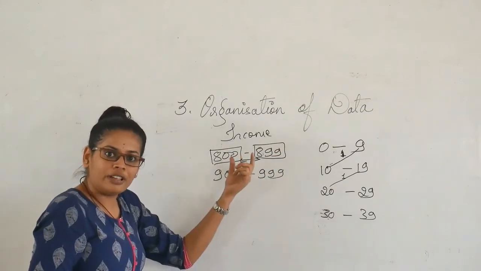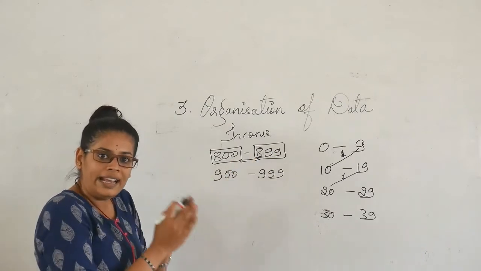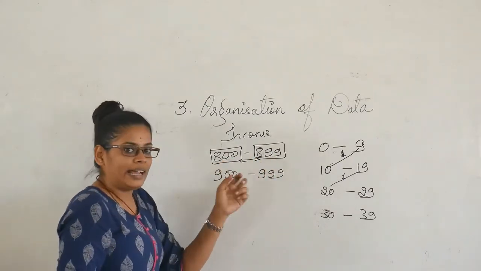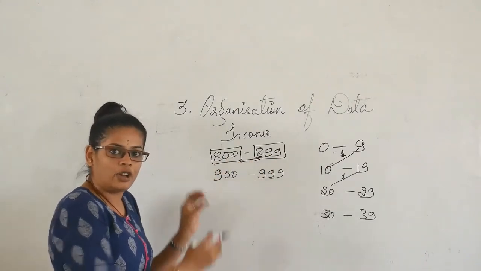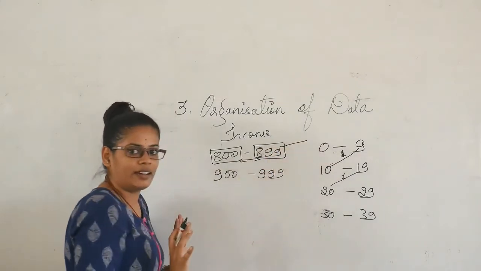So if we have this kind of data, any data which is 800, 899 or in between this, we include in that, because we are not excluding any data here.